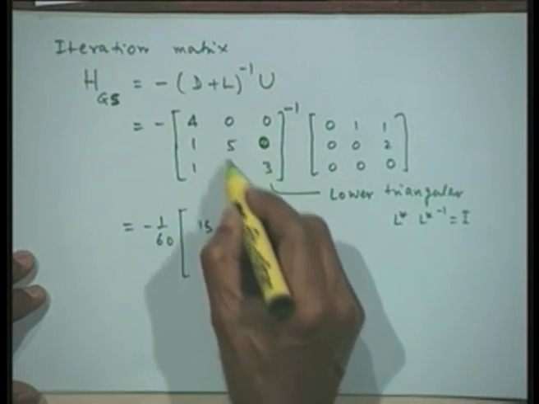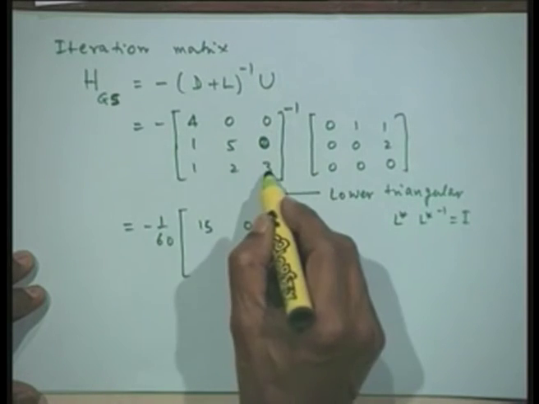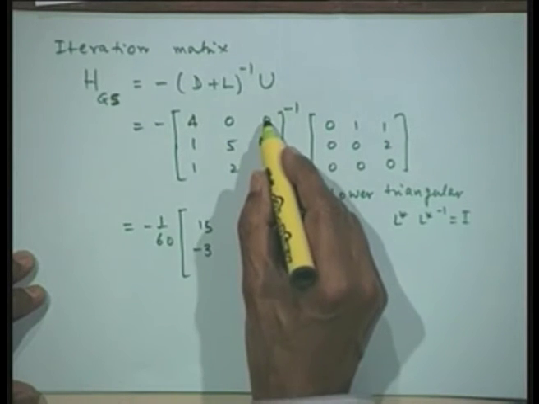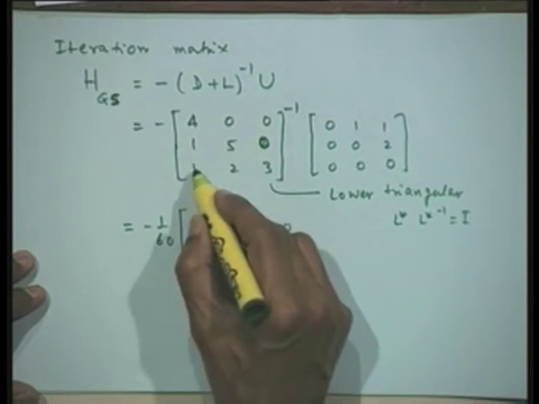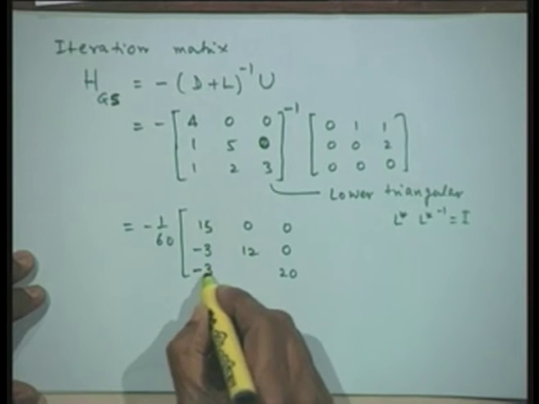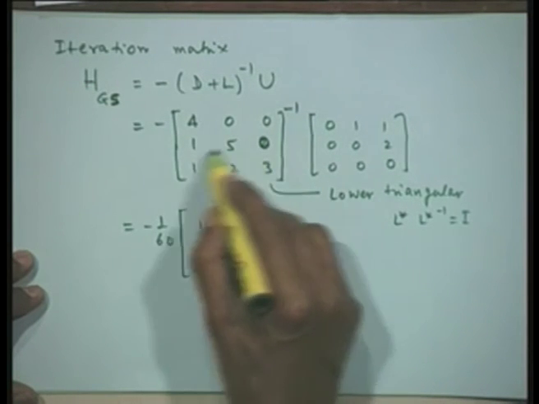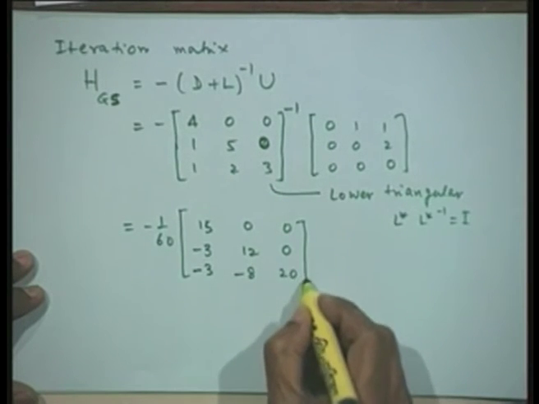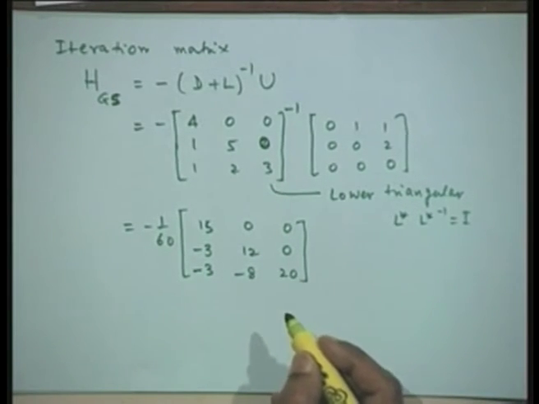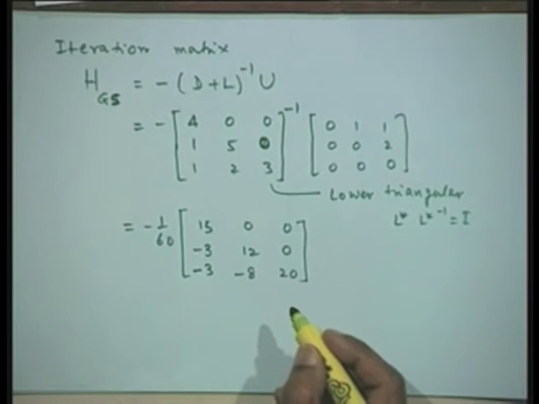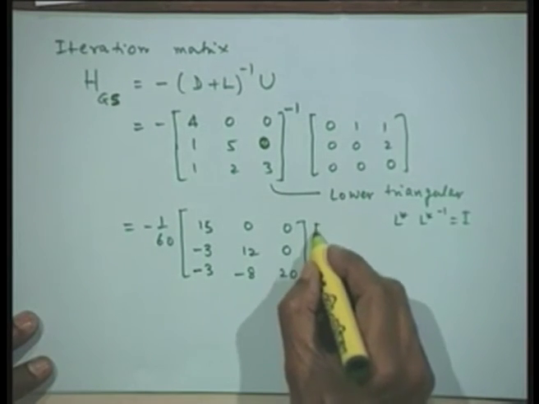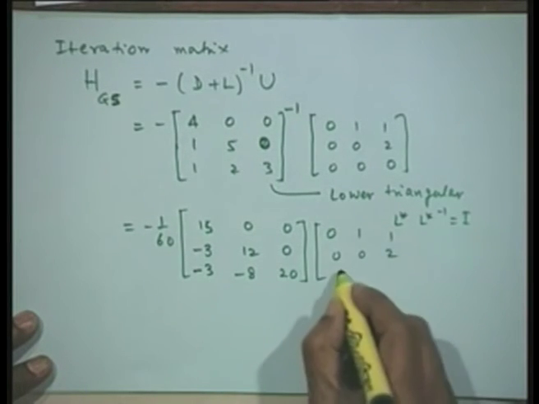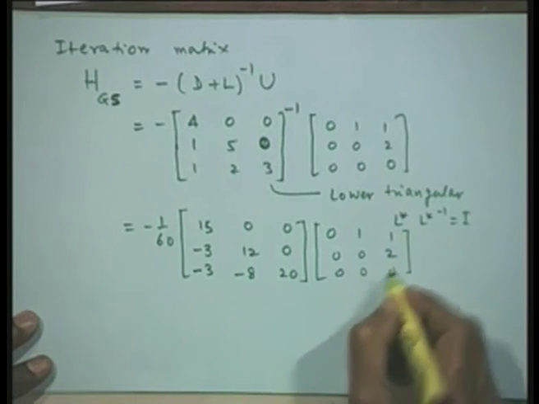Now I can take the cofactor of this, remove this row and column, I will have a 3 here, so I will have a minus 3 here. I take the cofactor of this corner element, that is 2 minus 5, that is minus 3, so it stays there. The cofactor of this element is 8, therefore I will have a minus 8. And this is being multiplied by 0, 1, 1, 0, 0, 2, 0, 0, 0.